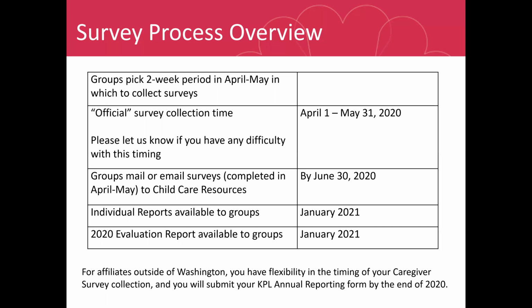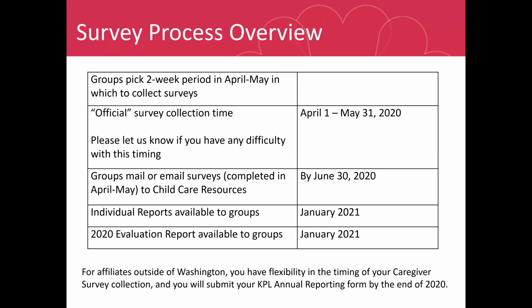What happens to those surveys is that they get processed, and we will work with ORS Impact, a consulting group that helps us make a report, which will be released in January 2021. Individual reports will also be given to groups, as well as, depending on where you're located, raw data for you to use within your organization.